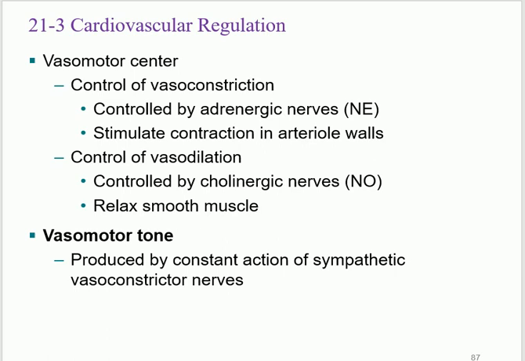Cardiac acceleratory and inhibitory centers only control the heart rate. How about constriction and dilation? The vasomotor centers cause vasoconstriction and vasodilation. These centers are also located in the medulla. And you always have a partial tone, contracting a little bit, so you don't start from zero.